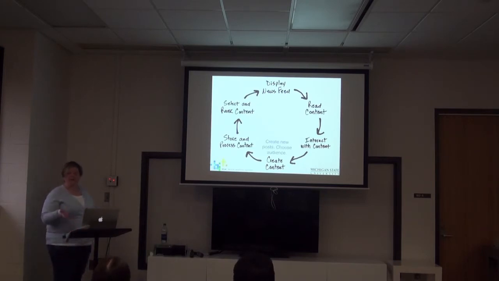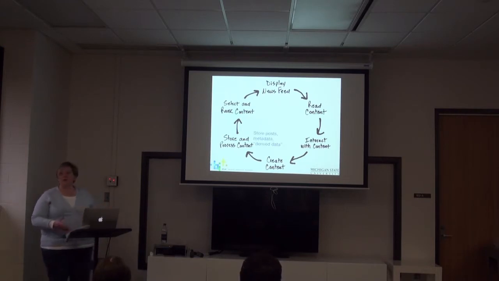Then you might create content yourself. So you create a post, and you might specify a particular set of people or an audience or a privacy setting for that post. The system then stores and processes that content and related metadata about that content. So how many likes the post got in the first 30 seconds or something like that, for example.